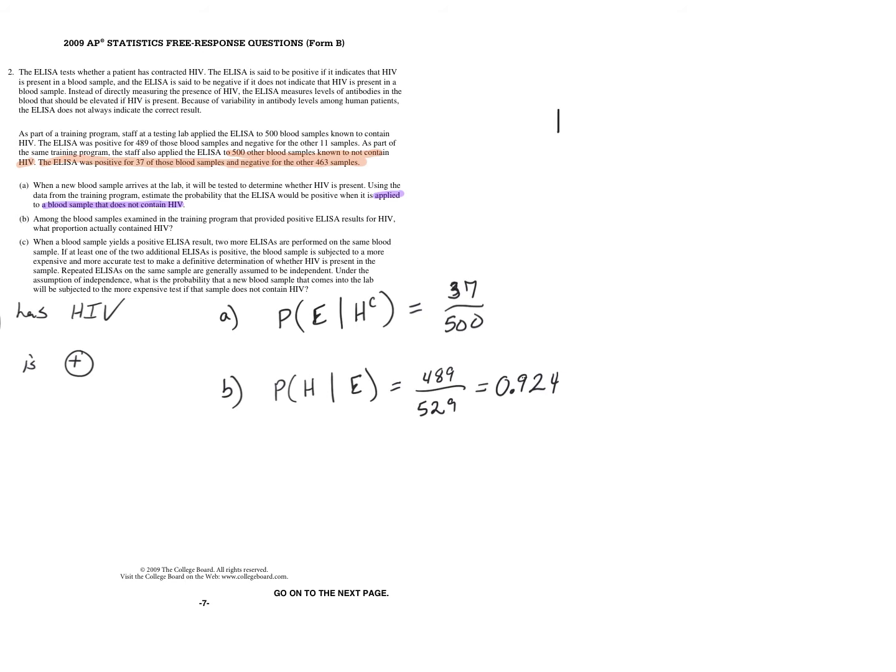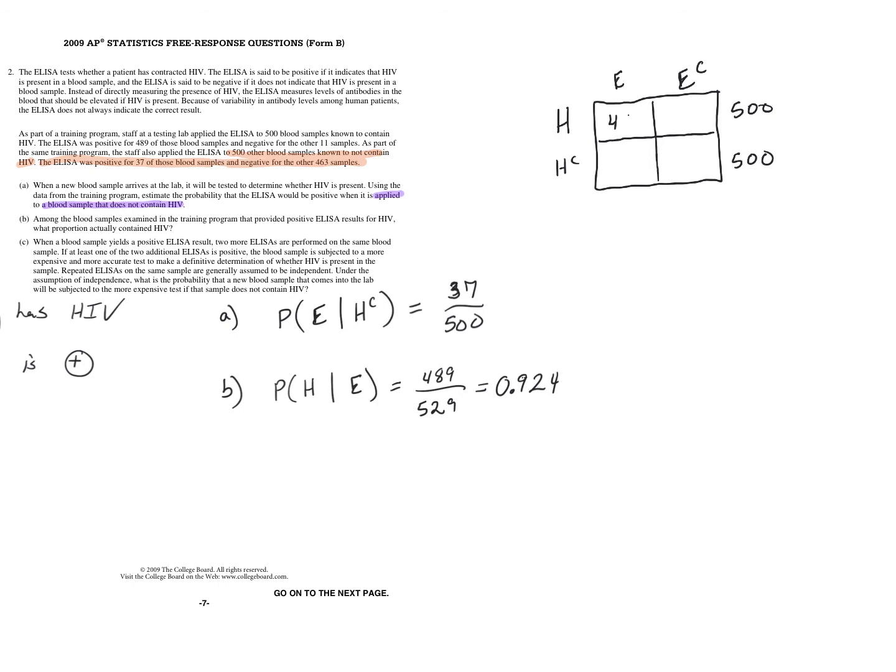So we can do H and H complement and E complement, and we're told a few of these things. One, we know that there's 500 both HIV and like having HIV and not having HIV samples. So we can do 500 here and 500 here. And we're told some of these other things. We're told that there are 489 of the 500 that actually are known to have HIV actually test positive.